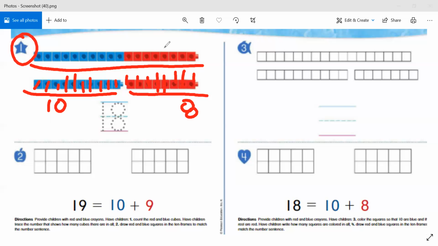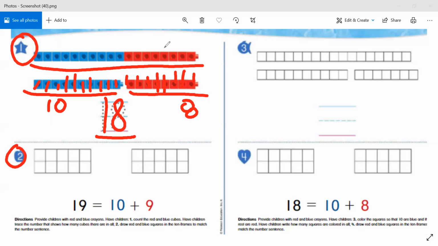So now you are going to trace the total number of cubes, which is 18. Now you can count all of them just to make sure and continue from 10, go 11, 12, all the way until you finish your last cube, and that is 18 cubes total.